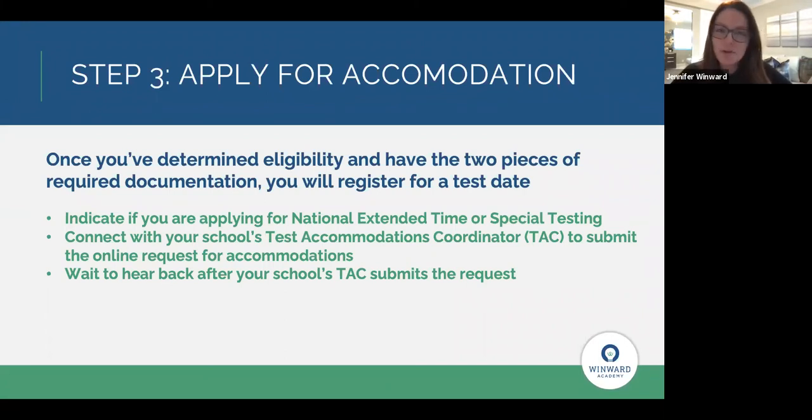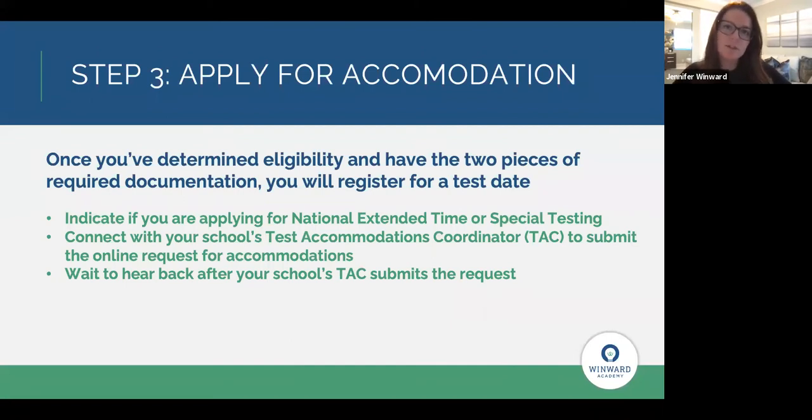One thing that I can share with you, I had a text message from a student today where her mom was working with the test accommodations coordinator at her school, gave her all the documentation, and then the person from the school made a mistake and submitted everything to ACT without a lot of the extra documentation. So the mom had to get involved, correct things, and make sure that everything happened properly.